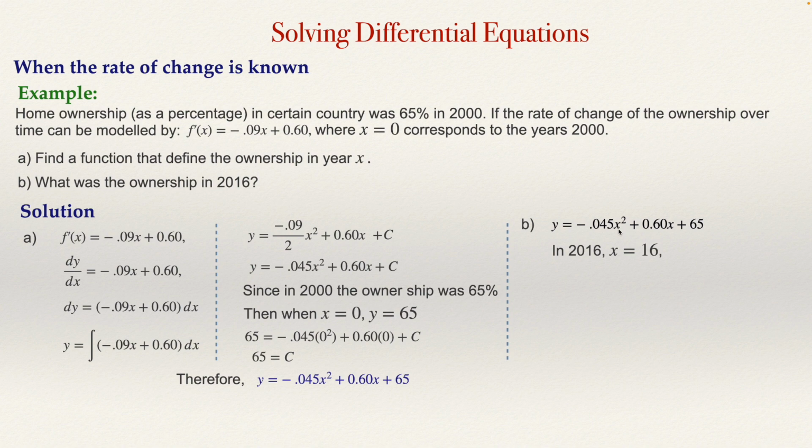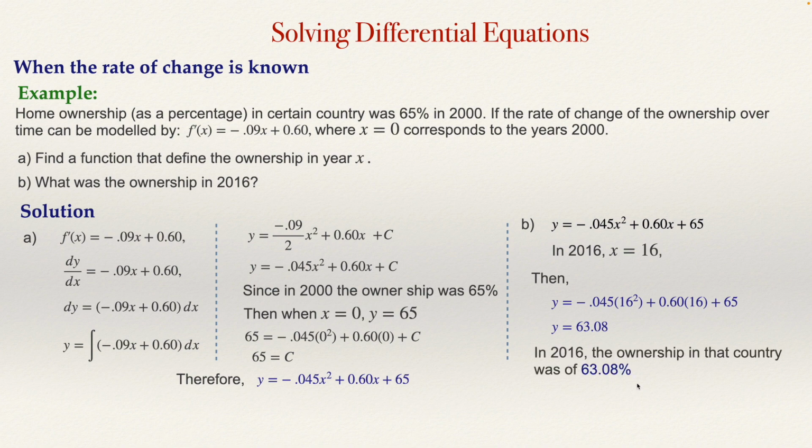So we substitute and get that y will be minus 0.045 times 16 squared plus 0.60 multiplied by 16 plus 65. Use your calculator and you will notice that y equals 63.08. So in the year 2016, the ownership was 63.08%, and that answers this question.